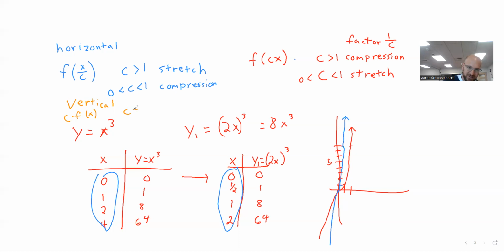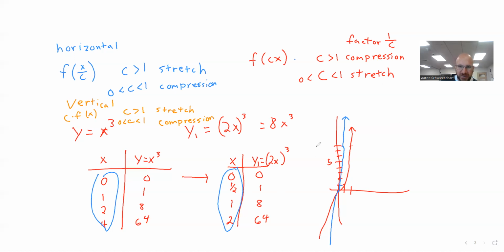This one, c greater than 1, is a stretch. C between 0 and 1 is a compression. The negatives do reflections, which is why I'm putting it between 0 and 1. The sign on c is not part of this. The sign tells me whether I reflect, which we talked about earlier in the week.